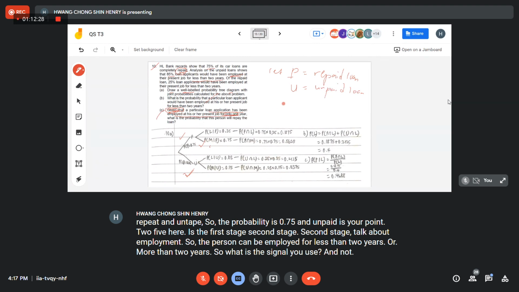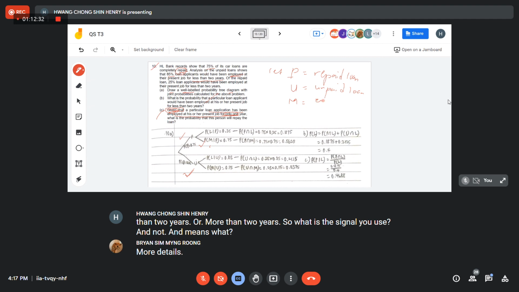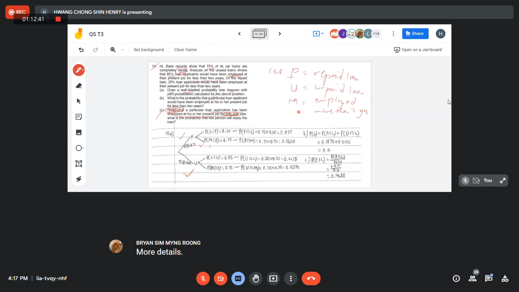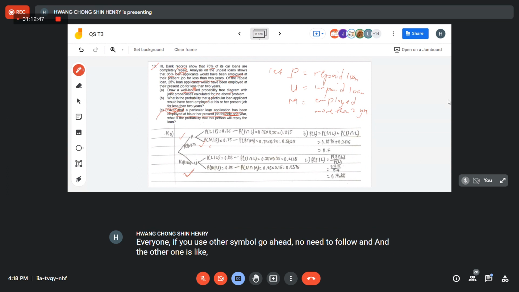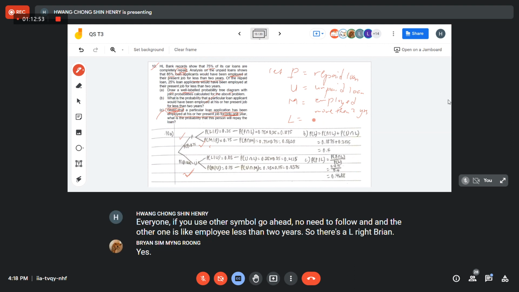M. M means more than 2 years. Everyone, if you use another symbol, go ahead, no need to follow M. And the other one is employed less than 2 years. So that's your L, right, Brian? Yes.